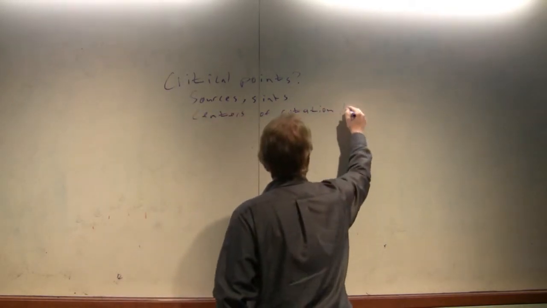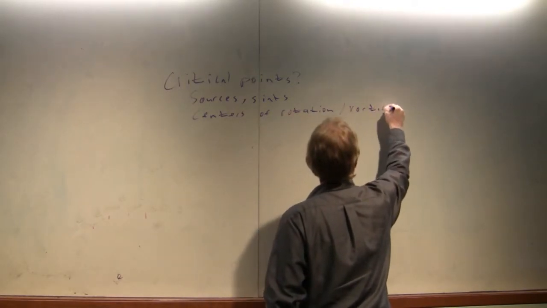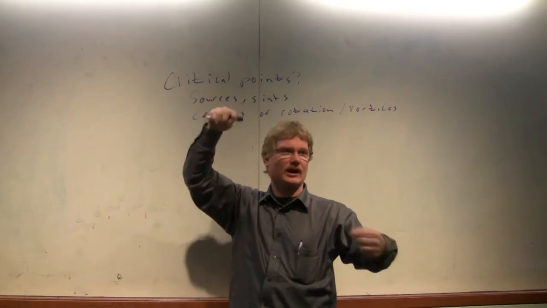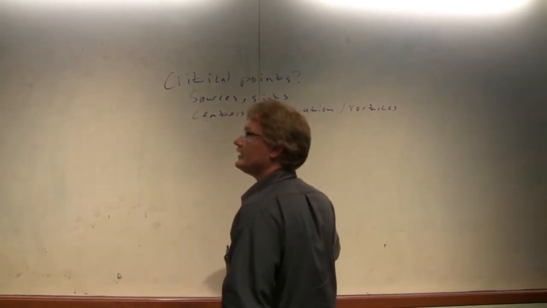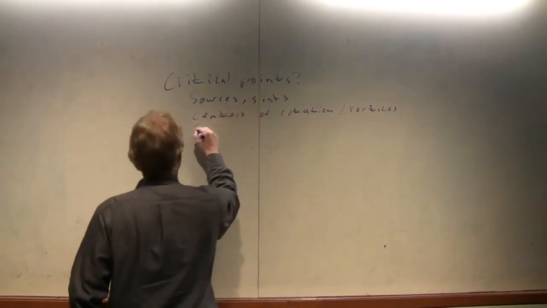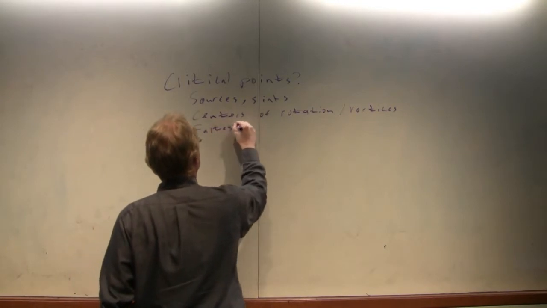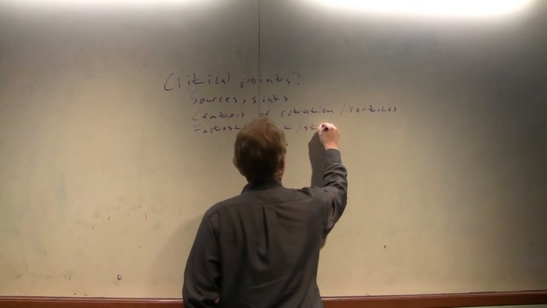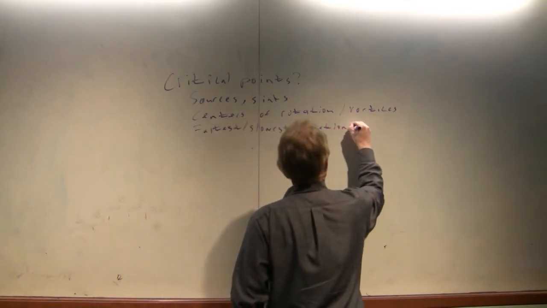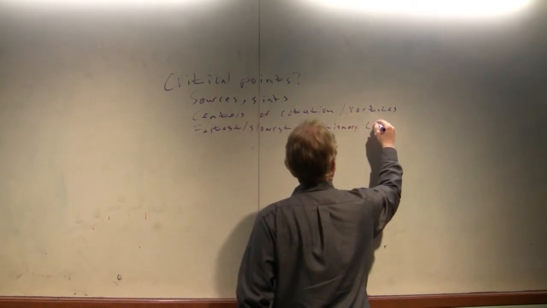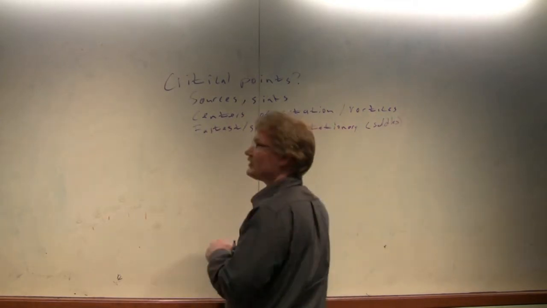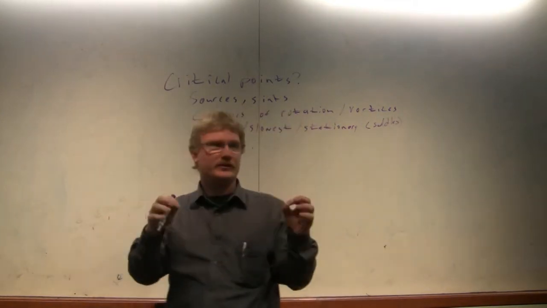Vortices. A vortex is a center of rotation in 3D that's along a line. It's the center of spin. And then where is the flow fastest, slowest, stationary? So where there's interesting stuff happening in the flow field, where there are particular things.